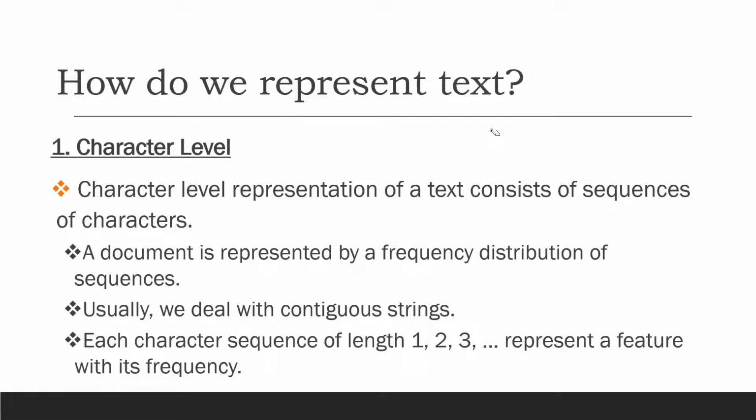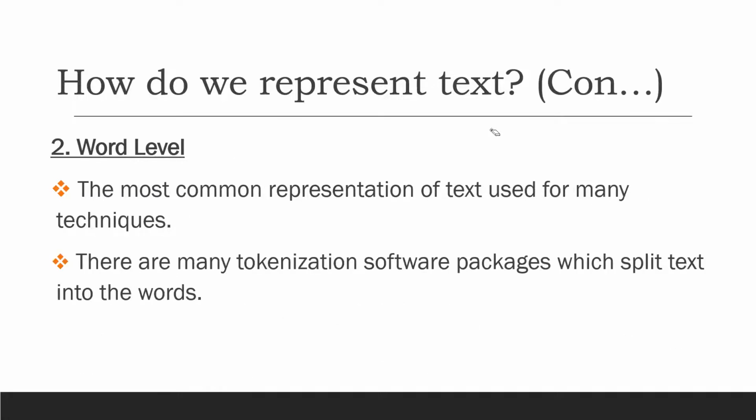Another way of representing the text is word level representation. This is the most common representation of text we use. Word level, in the sense that whenever someone posts some achievements, we comment congratulations, go ahead, or happy to hear the news.